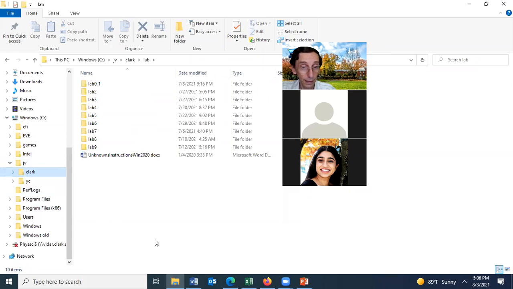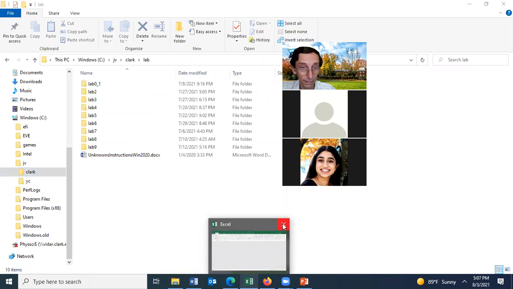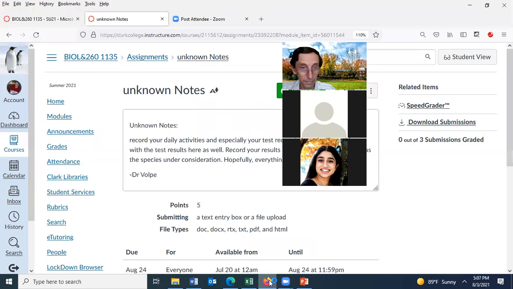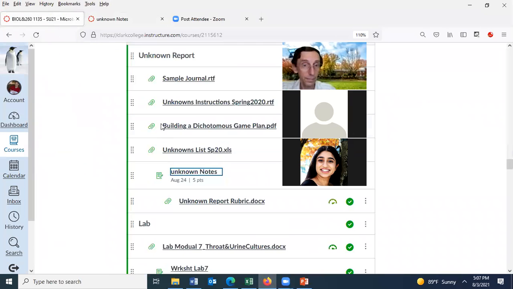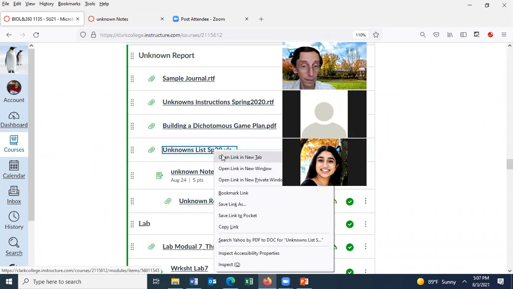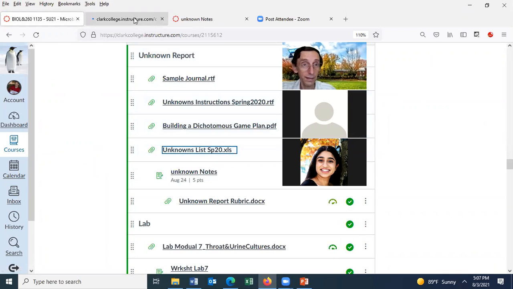Okay, and how you can get those species under consideration is, come on, shut. It's not going to shut. How weird. Next to your unknown notes page, it's the unknown list, the different species list. If you click on that, you'll see all the different species.